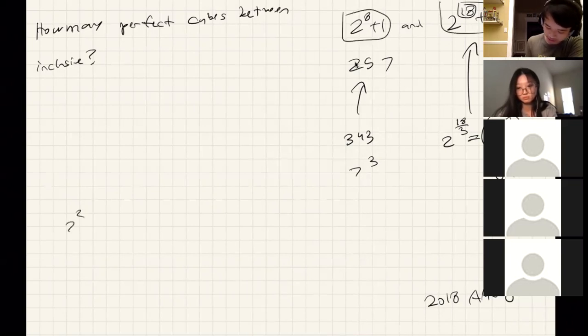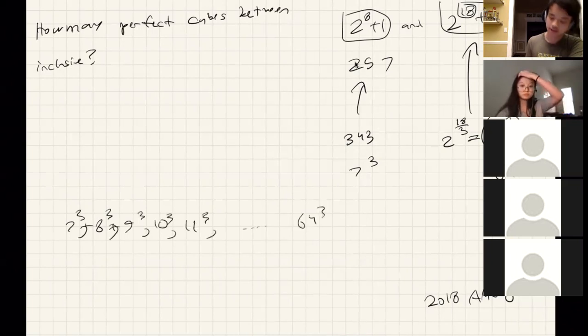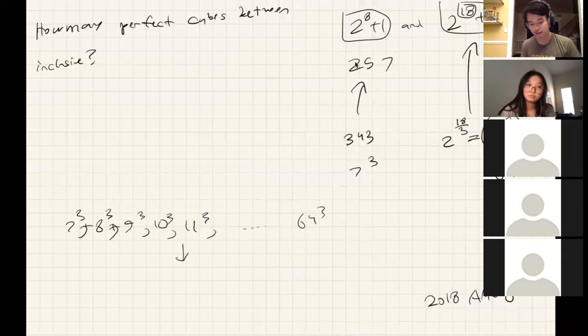So you might just want to list them out: 7 cubed, 8 cubed, 9 cubed, 10 cubed, 11 cubed, one by one, right? And you'll be there all day. But the truth is, there's a better way to count it, and the way you count it is just count the integers from 7 to 64 inclusive, right?